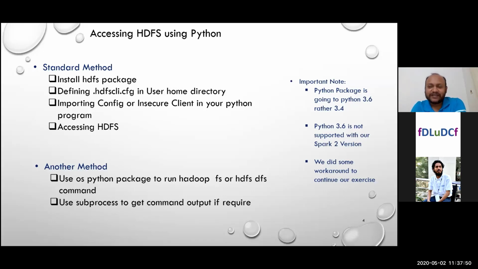So what I did, though Python 3.6 is not compatible with Spark 2, I tried to find a workaround and fix Python 3.6 so that it can run even on Spark 2. If you also have a similar problem, I will share how to do that, so that at least you can use or learn the ways to fix these kinds of issues.